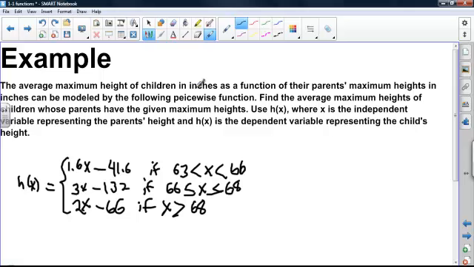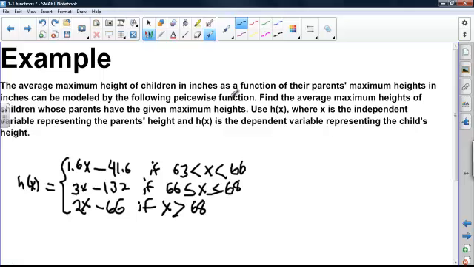So we're looking at the height of a child in inches, and it's a function of their parents' maximum heights in inches. So the child's maximum height is going to be a function of their parents' maximum height. Okay? And it can be modeled by the following piecewise function.